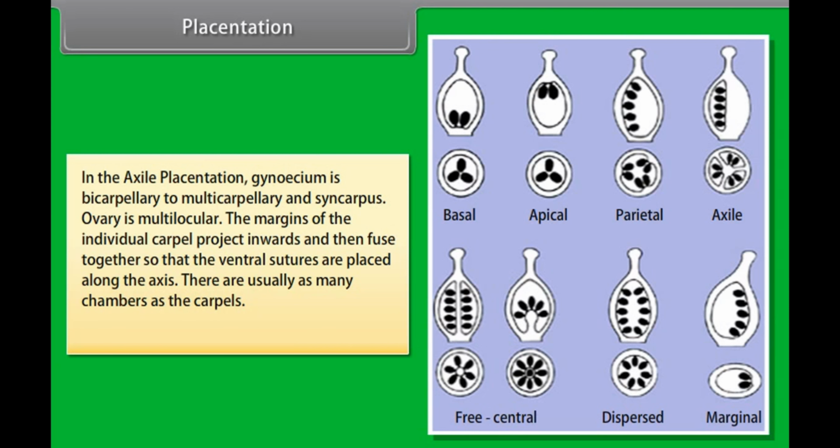In the axile placentation, gynoecium is bicarpellary to multicarpellary and syncarpous. Ovary is multilocular. The margins of the individual carpel project inwards and then fuse together so that the ventral sutures are placed along the axis. There are usually as many chambers as the carpels. Example, Malvaceae.